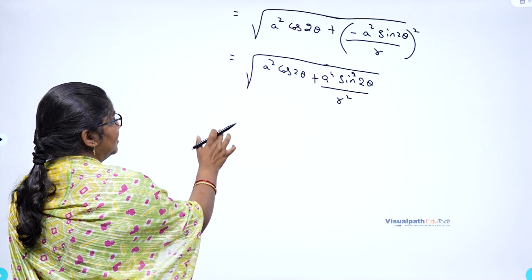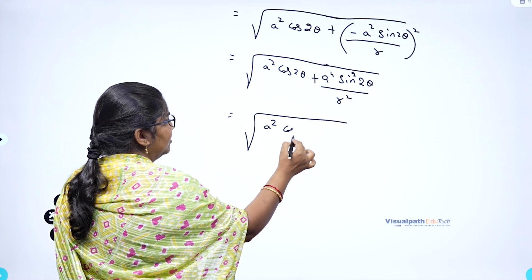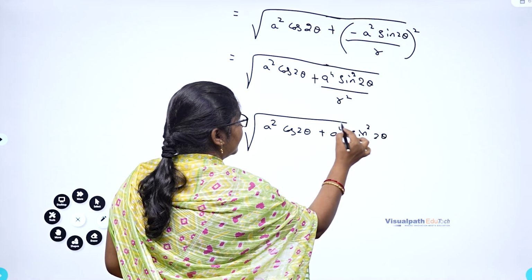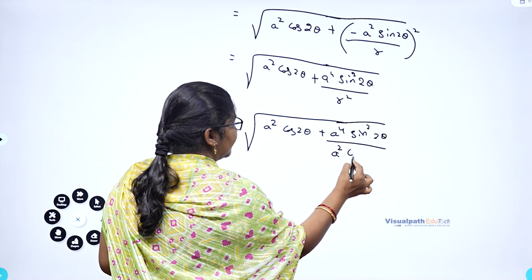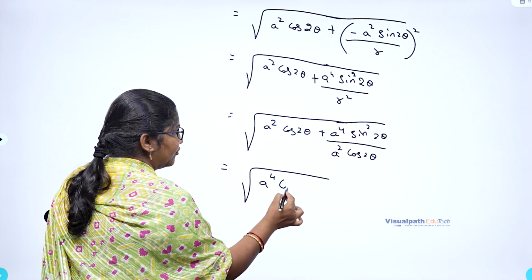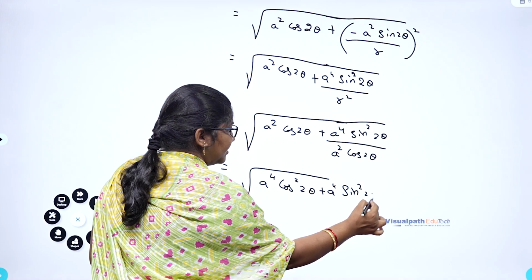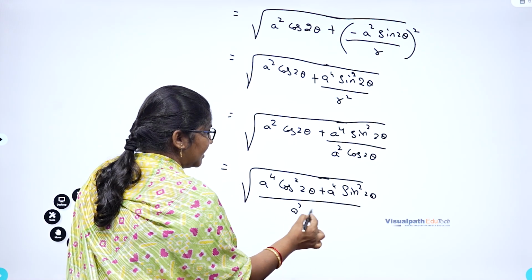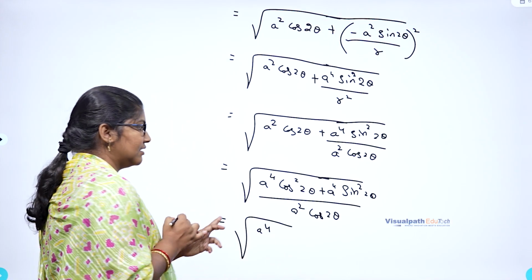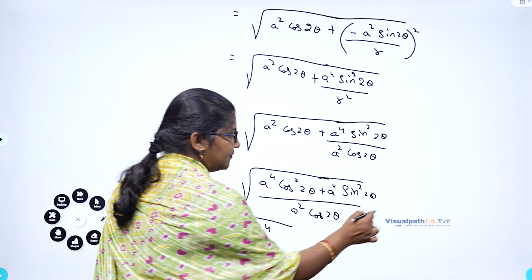Simplification should be done. Here r square is a square cos 2 theta, so taking the LCM we get a power 4 cos square 2 theta plus a power 4 sin square 2 theta by a square cos 2 theta. If we take a power 4 common, cos square 2 theta plus sin square 2 theta is equal to 1.